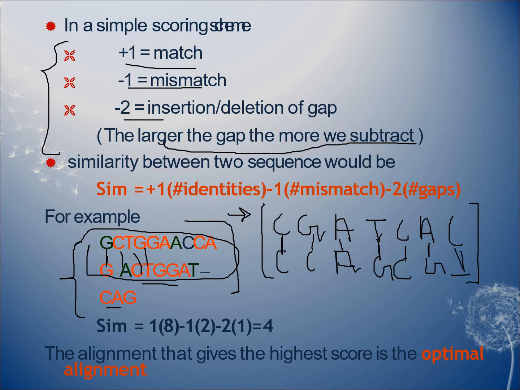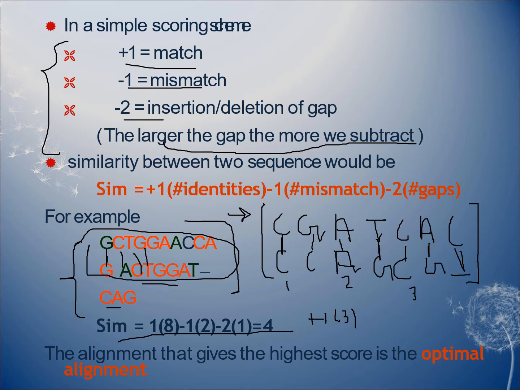So how will we calculate the score? This is pretty simple. How many matches are there? This is one match, two matches, three matches. So the match score is plus one times three. There are three matches, and we multiply by the match score.